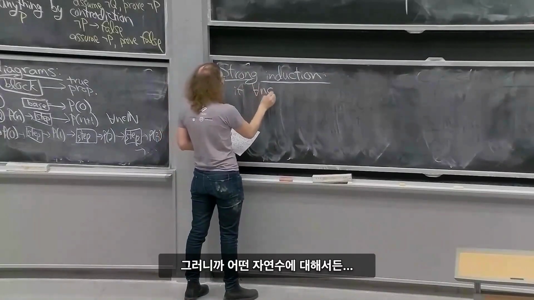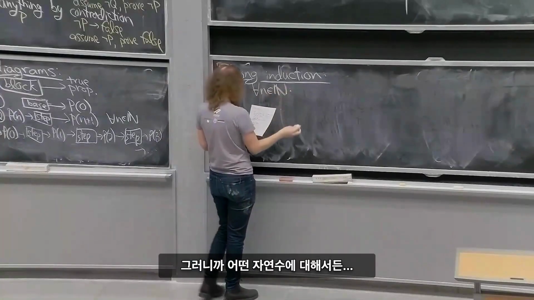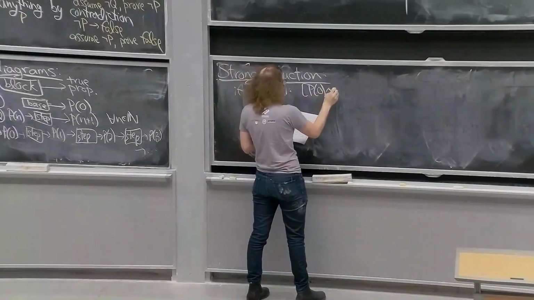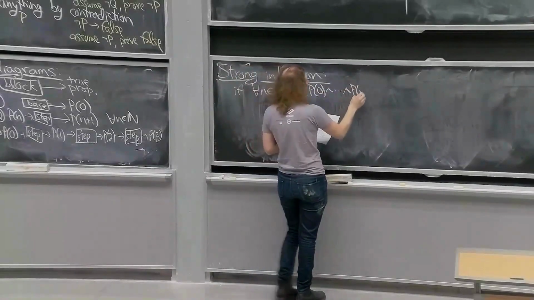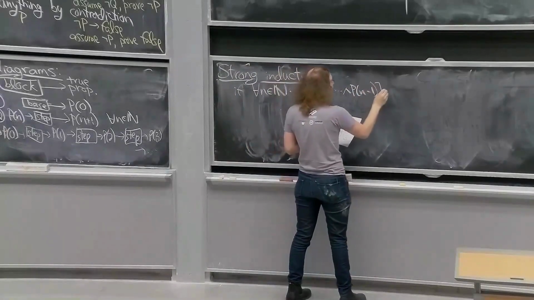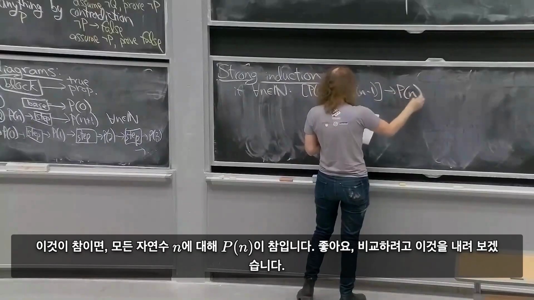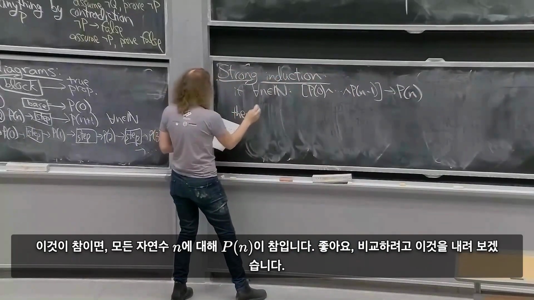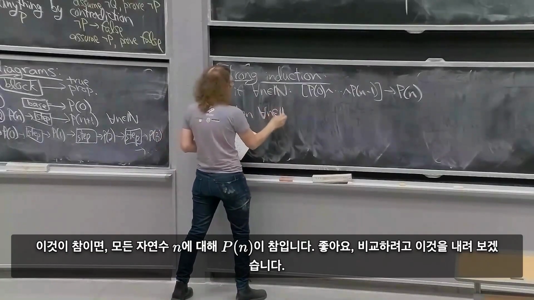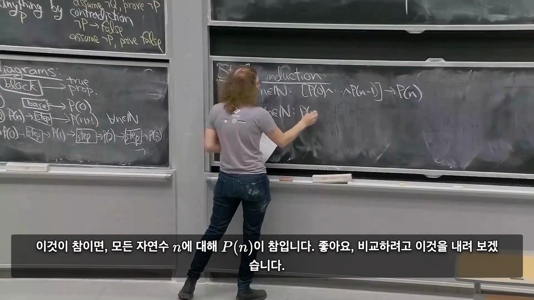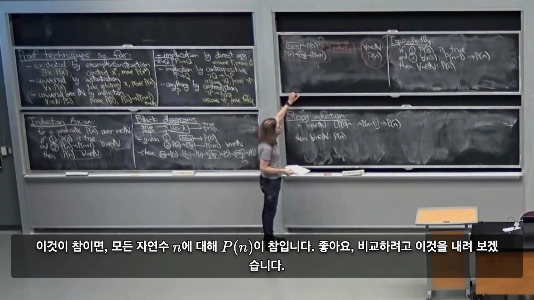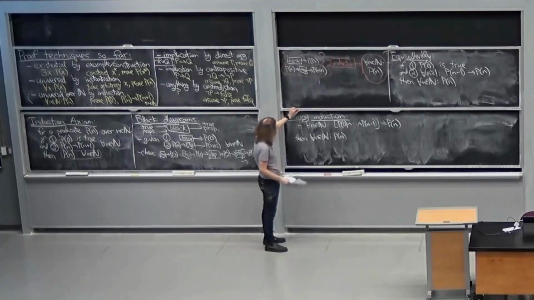So if for any natural number this is true, then for any natural number, P of n is true. Okay, let me bring this one down to compare.